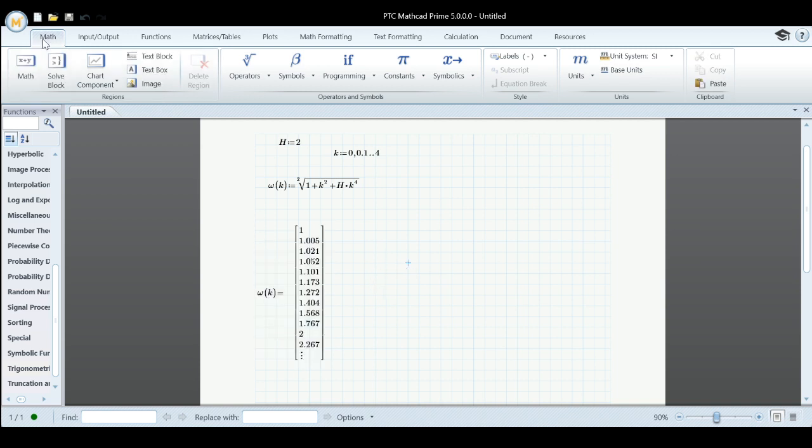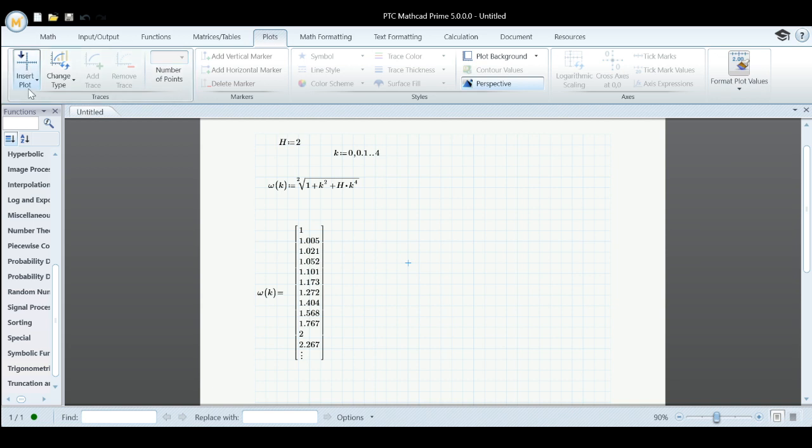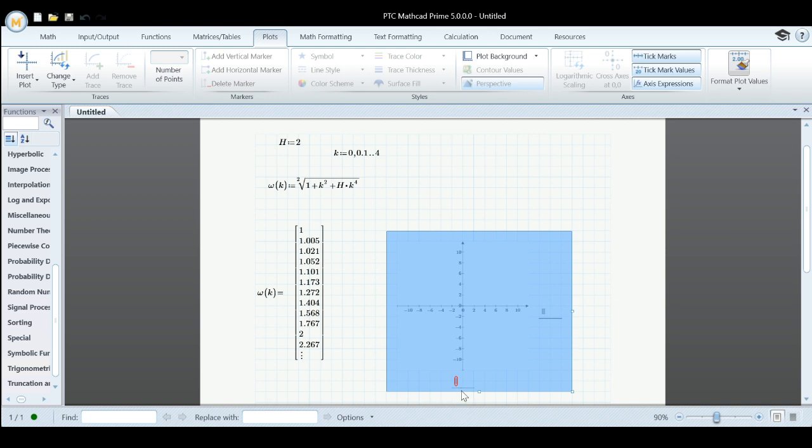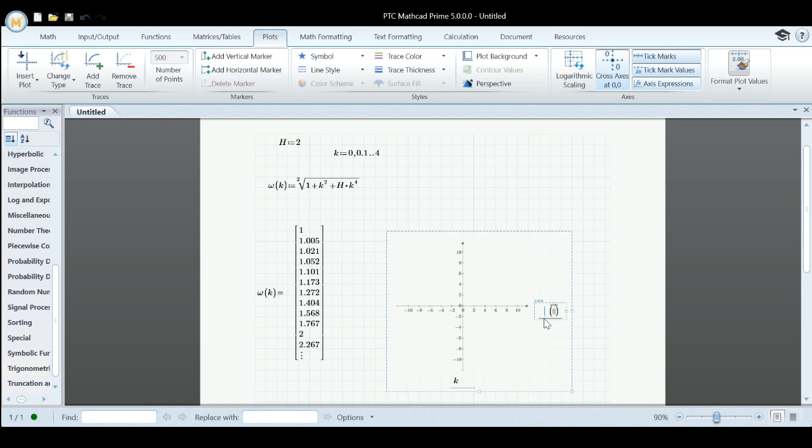Now I want to plot this dispersion relation, the linear dispersion relation. XY plot, go here, put here k, and put here y, that is y is equal to omega of k.